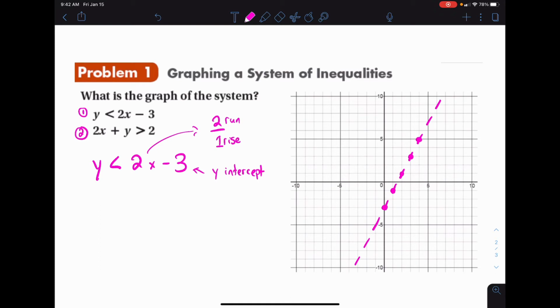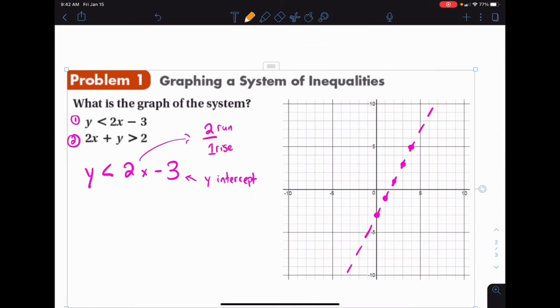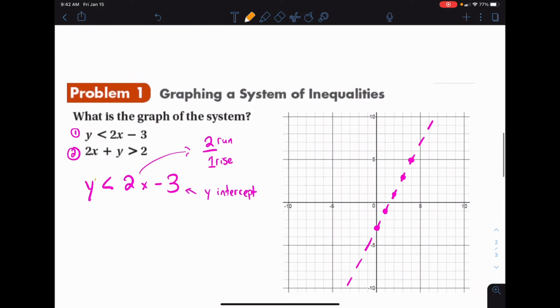Now we can replace our variables with 0 to see if it holds true. We're going to replace our y and replace our x. So that's 0 is less than negative 3.